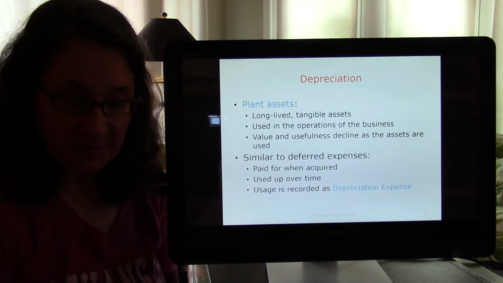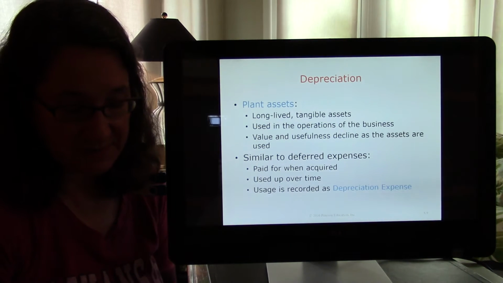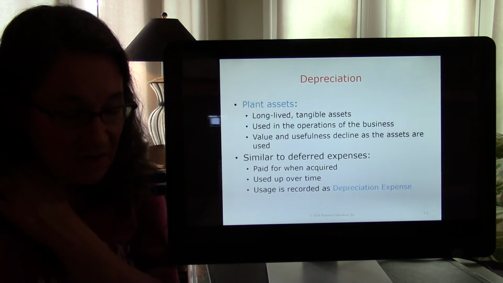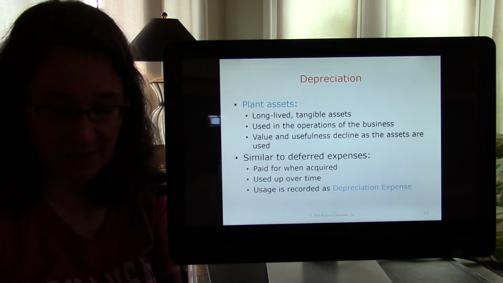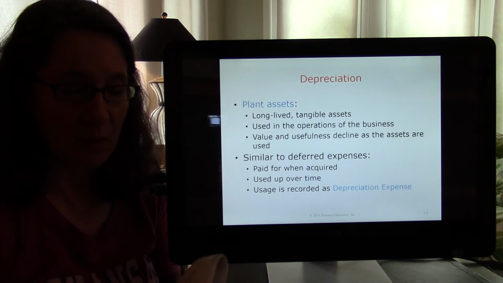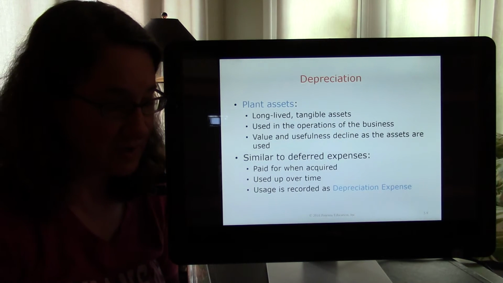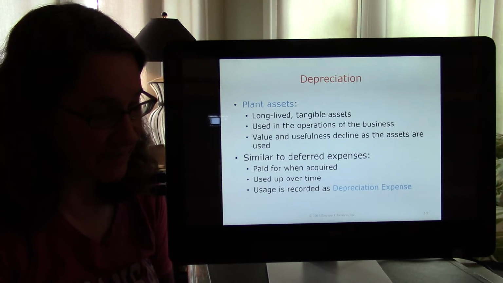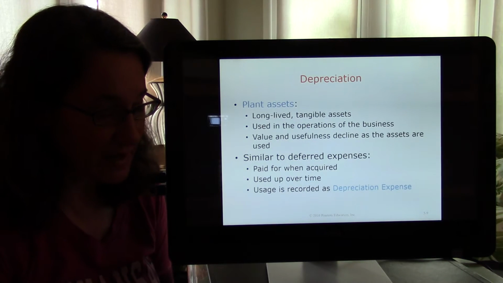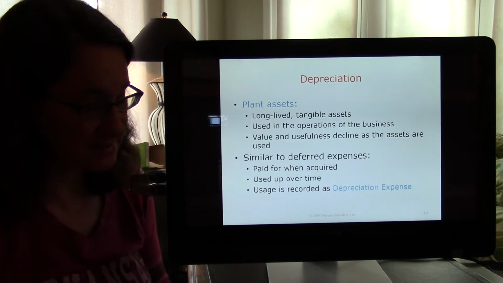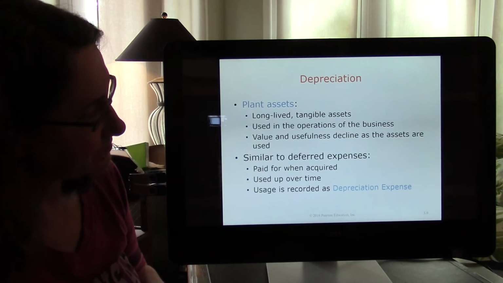Depreciation is a type of prepaid expense adjustment. Plant assets are recorded in full at the time of purchase. Therefore, an adjustment is recorded to reduce the value of the asset over its useful life. The prepaid adjustment for plant assets is called depreciation.